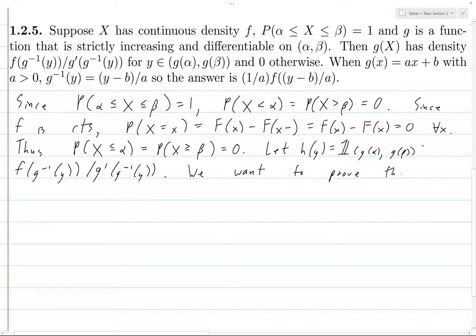Okay, so we want to prove that the probability that g of X is less than or equal to x equals the integral from negative infinity to x of h of y dy.